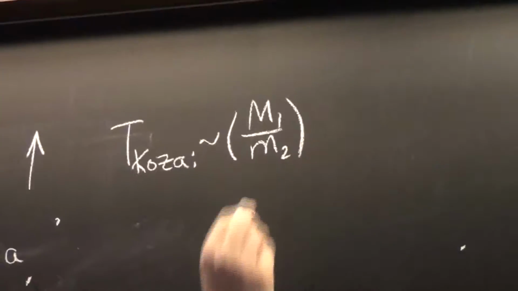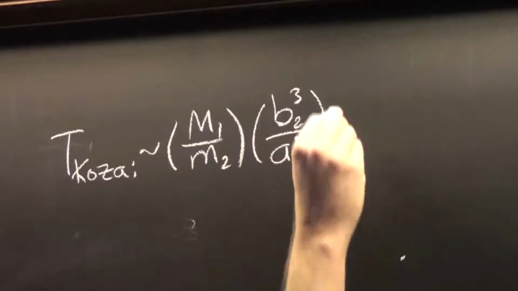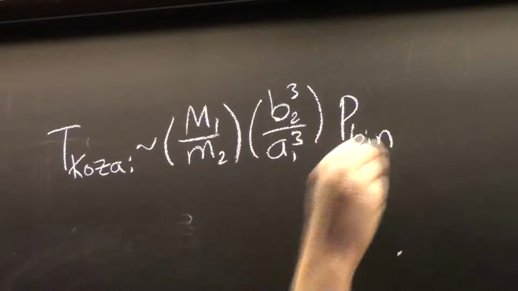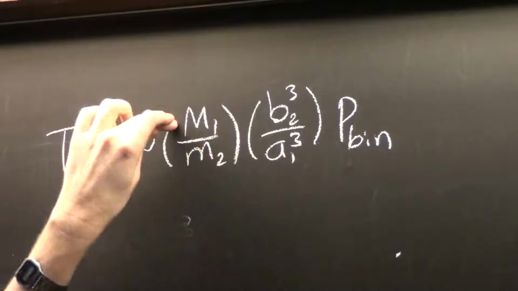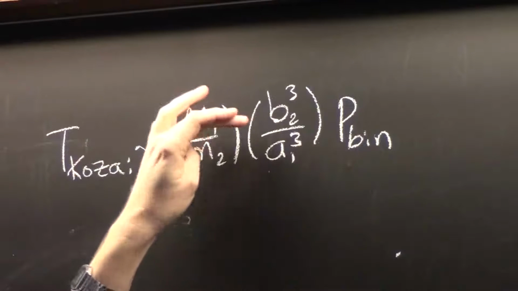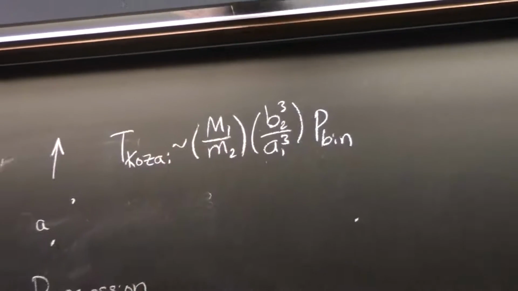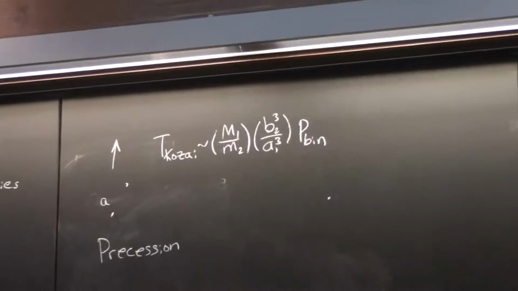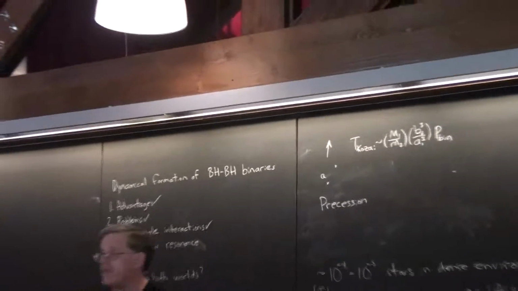So I'll describe what these terms are in a second. Okay, binary orbital period, mass of the binary, mass of the tertiary, semi-major axis of the binary, semi-major axis of the tertiary. And so if you put in things like typical masses and separations, this is something that could comfortably be hundreds or thousands of years, which is a very short time dynamically.